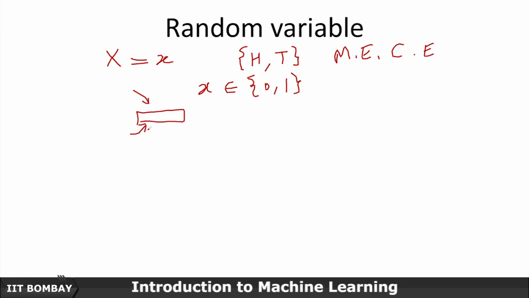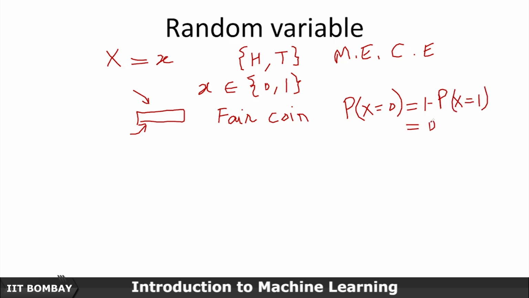If that is the case, then it is a fair coin, in the sense that if I toss it, the probability of it landing on its head versus landing on its tail is the same. So, what we will say is that probability that x has value 0 is equal to 1 minus the probability that x has value 1, and in this case this is going to be 0.5 for a fair coin.